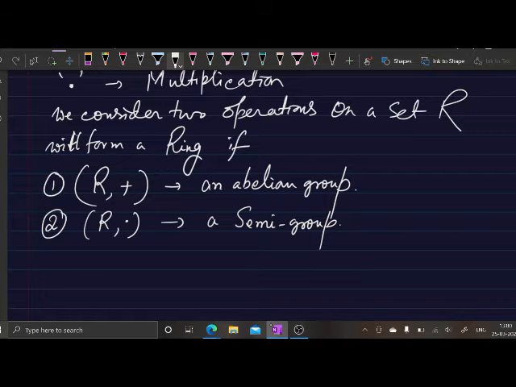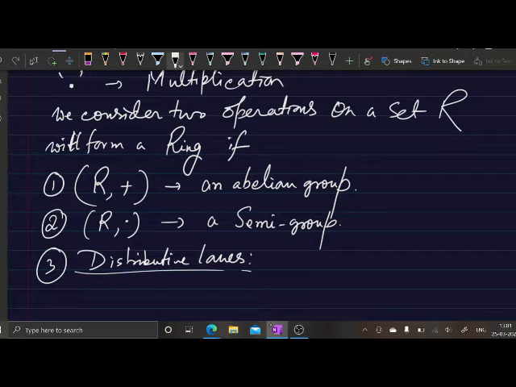And the third one is that since we have two operations plus and dot, they must have some relations, which are called distributive laws. Okay, what are those?